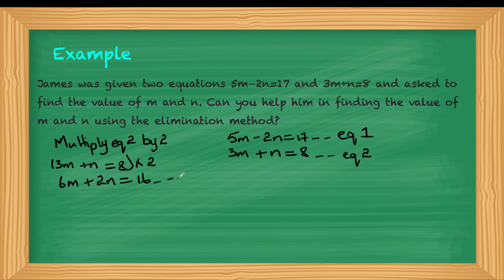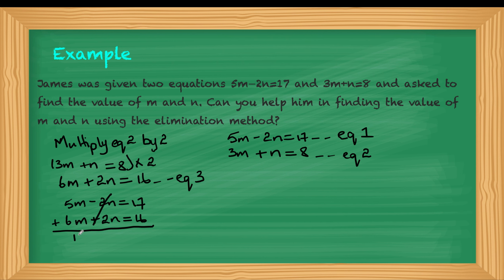Now this is my equation 3. Now when I bring together my equation 1, which is 5m minus 2n is equal to 17, and my equation 3, which is 6m plus 2n is equal to 16, they have two different signs here, so I'm going to add them to get rid of these two.